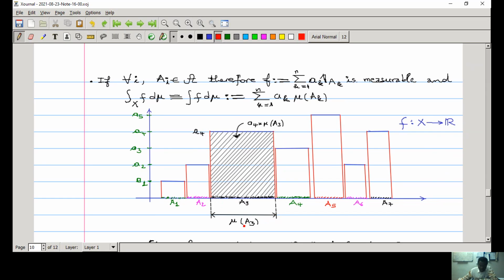So we take the measure of A3 in this case, the shaded part here, times the height, which is a4. If you multiply a4 by the measure of A3, it will give you this full area. It can be a volume, but it's a volume. So this is what you have.